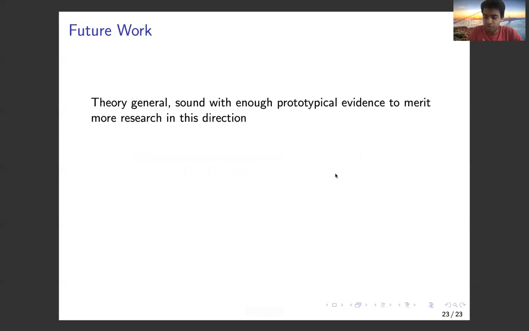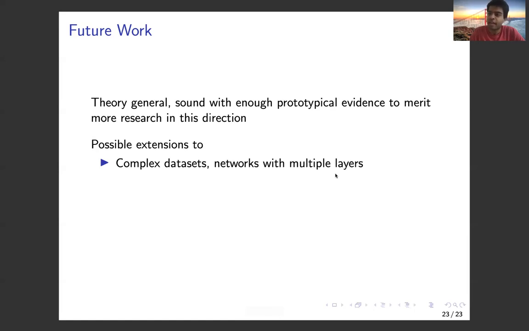So moving on to the future work, the theory of linear interpolant is fairly general and it is sound, and we have given enough prototypical evidence to merit more research in this direction. We have chosen smaller data sets and networks, but definitely a possible extension is to try out more complex data sets and complex networks with multiple layers, try with MNIST, and compare our results with the baseline.